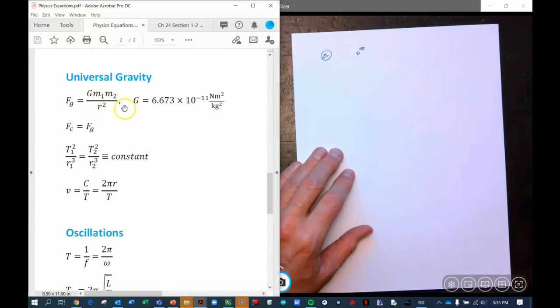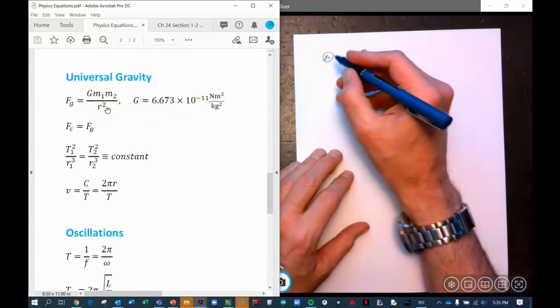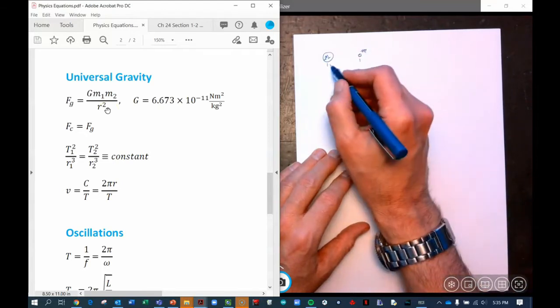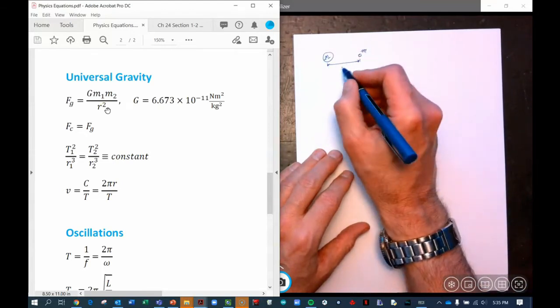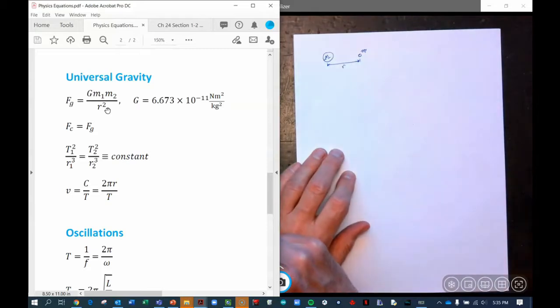G is a very tiny number, the gravitational constant, and r is the distance between their centers. This is what students reminded me of today, and you've worked some of these problems.